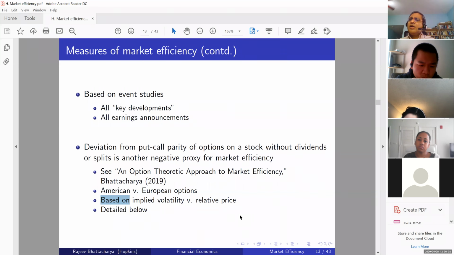So in particular, implied volatility on a particular day should be the same for all puts and call options with all strike prices, with all maturity dates. It should be the same in an efficient market, or more correctly, in a perfectly efficient market. So the more you deviate from that, the more you can say the market is less efficient. So that's the relative efficiency argument.